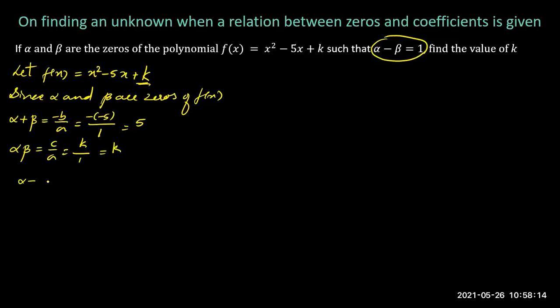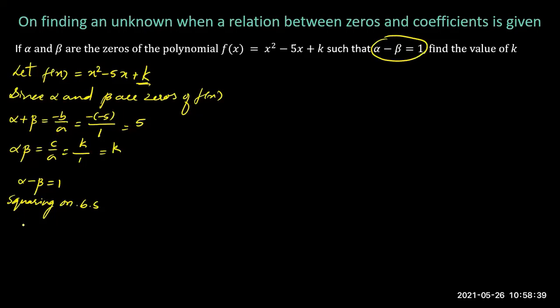So alpha minus beta equal to 1. We need to find out the k value here. So for that, we'll square on both sides.